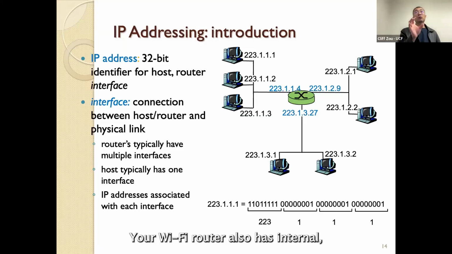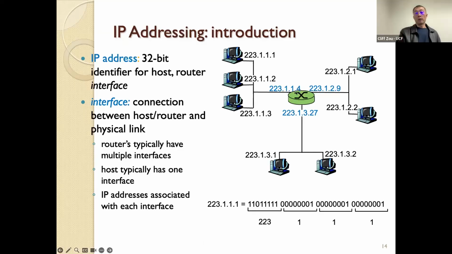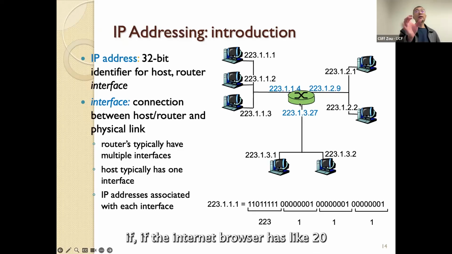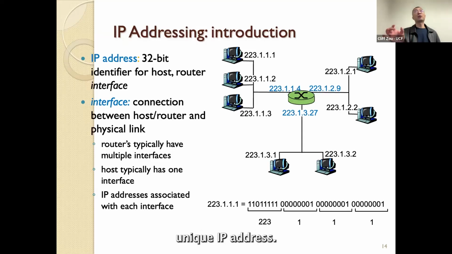Your Wi-Fi router also has an internal network interface card with an internal IP address. So a Wi-Fi router will have at least 2 IP addresses. An internet router with 20 network interface links will have 20 unique IP addresses.